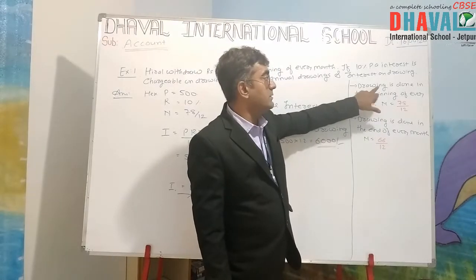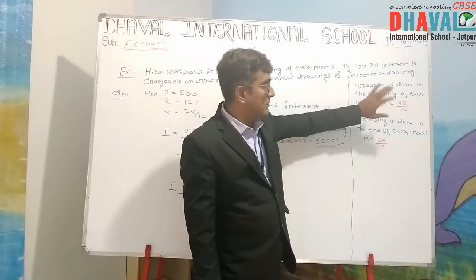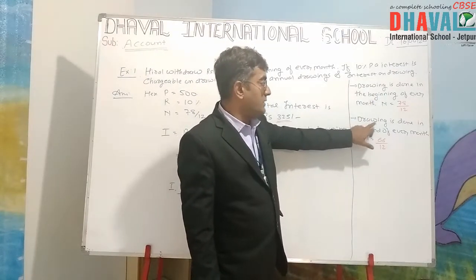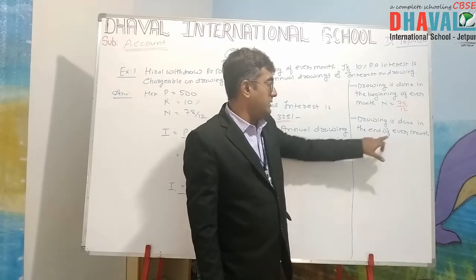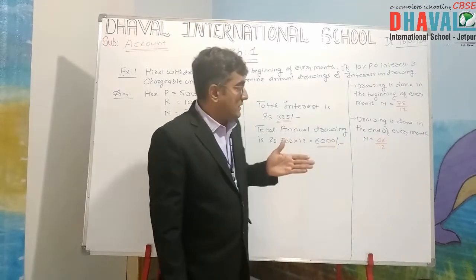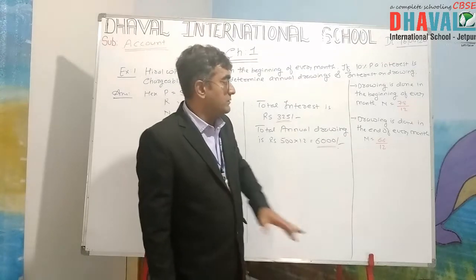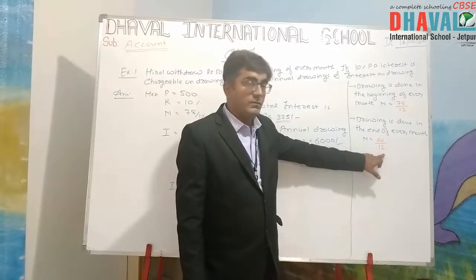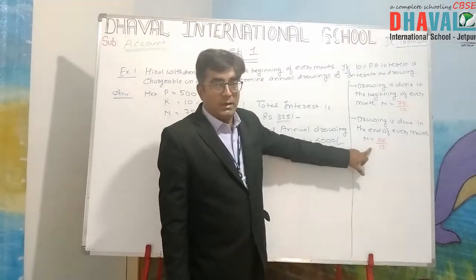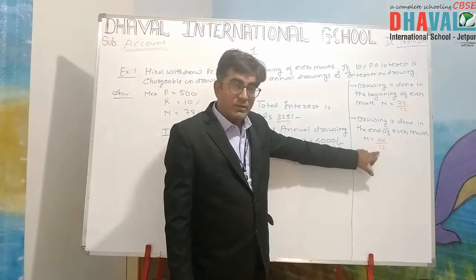If drawing is done in the beginning of every month, you take n equal to 78 by 12. Second, if drawing is done at the end of every month, you take n equal to 66 by 12. If beginning, then 78 by 12, and end of the month, 66 by 12.